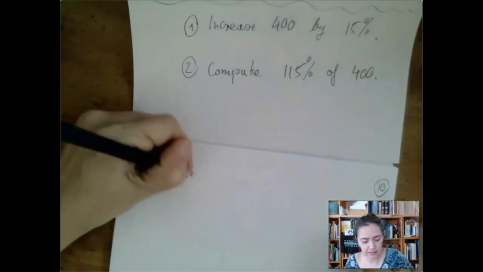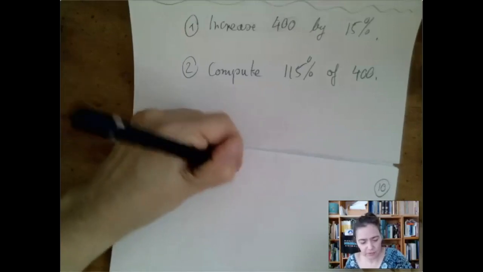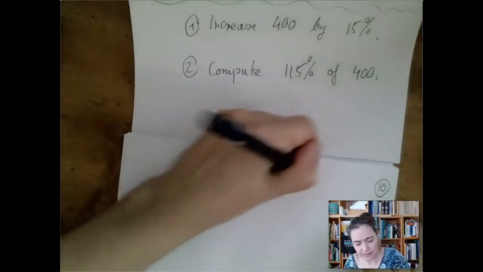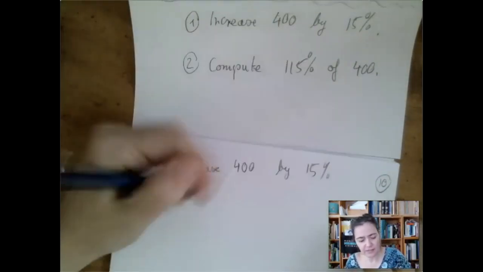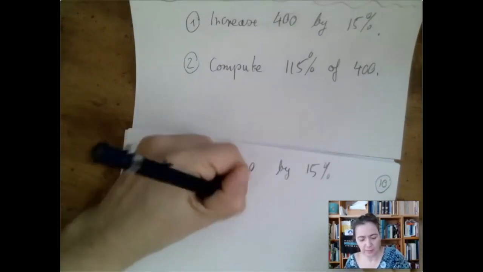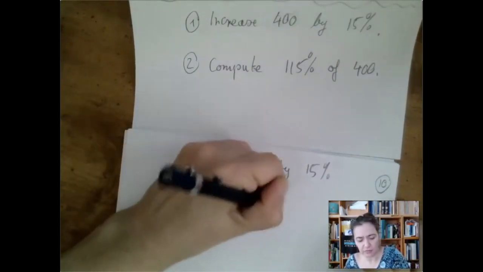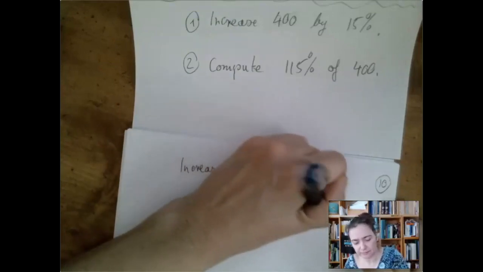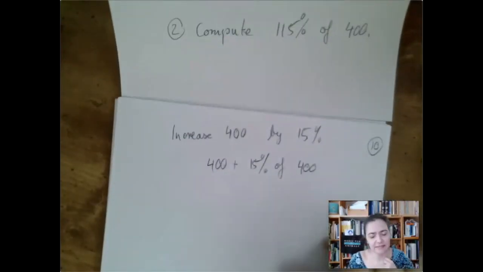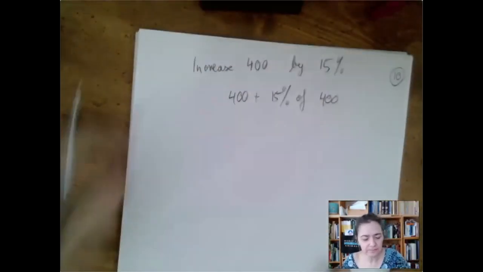So we want to increase 400 by 15%. That's 400 plus 15% of 400, right? And this is really a multiplication.